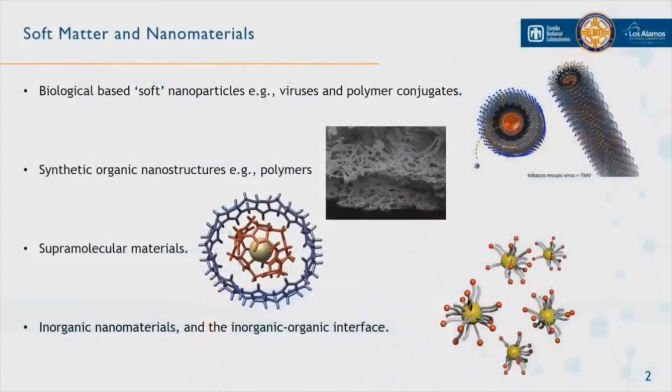So soft matter and nanomaterials present a wide range of different material species and can include biological soft nanoparticles, for example, viruses and their polymer conjugates, synthetic organic nanostructures, so typically we think about polymers, supramolecular materials, which are architectures consisting of molecules that are able to self-assemble into larger constructs, so for example, metal organic frameworks, and inorganic nanoparticle colloids, which typically have a soft corona consisting of an organic ligand molecule, which gives stability in solution.